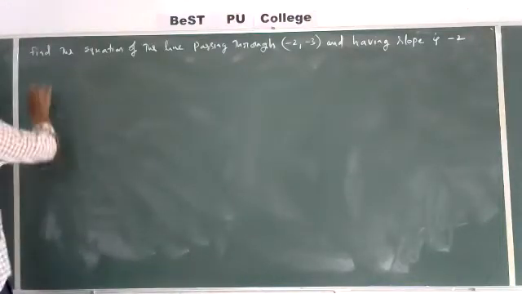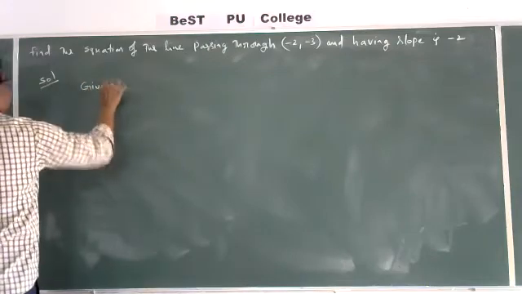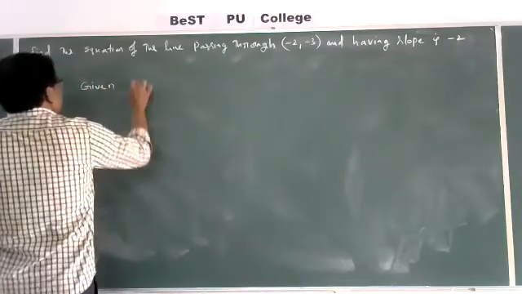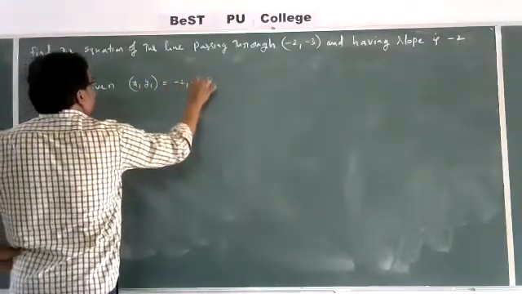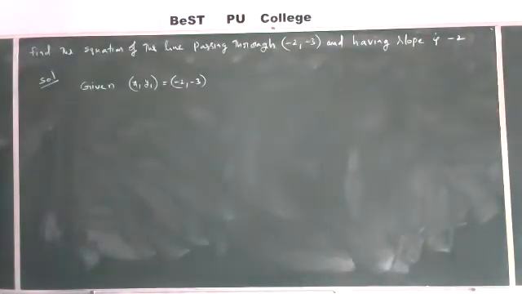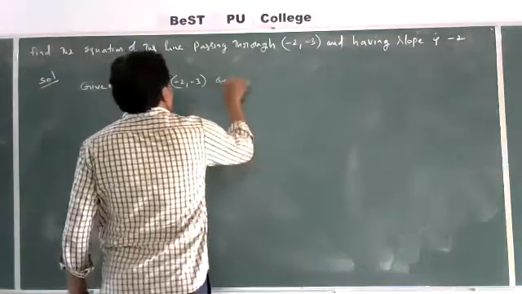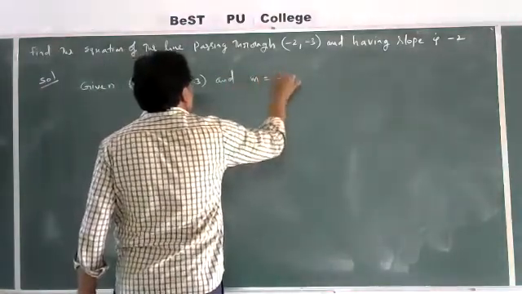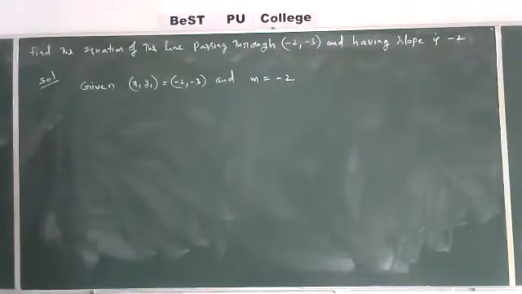Solution. Given point x1 y1 is equal to (minus 2, minus 3) and slope m is equal to minus 2.